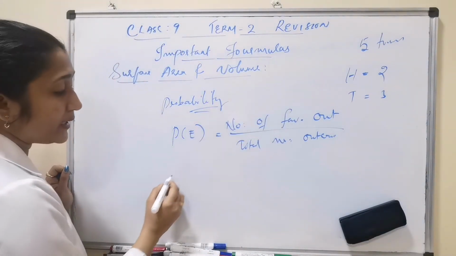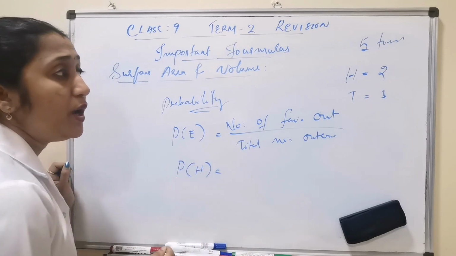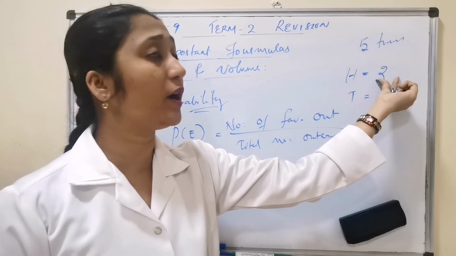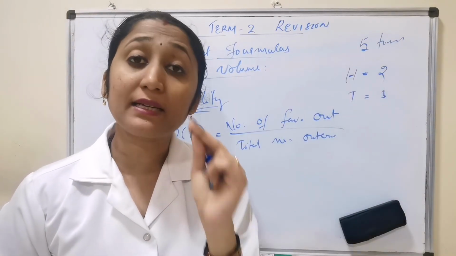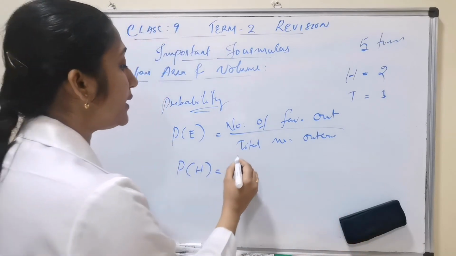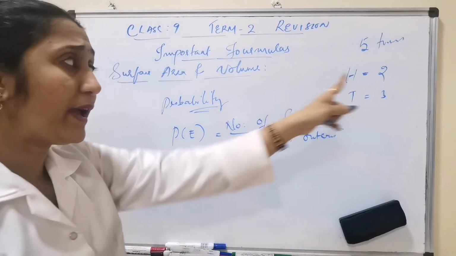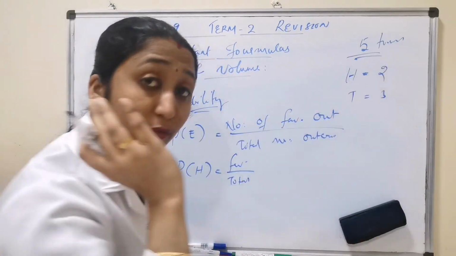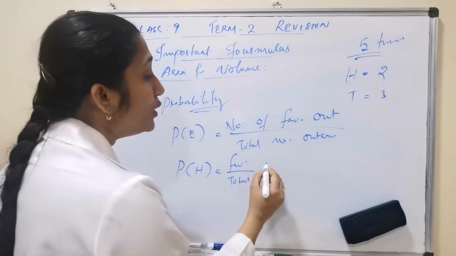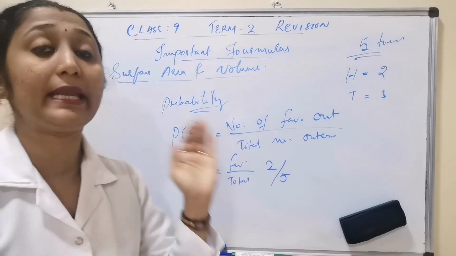P of E, or P of H, equal to... how many times did we get a head? Only 2 times. That means that is the favorable outcome. So it is favorable outcome by total outcome. The favorable outcome is 2. How many times did we toss? Total 5 times we tossed. So 2 by 5 is the probability of getting a head.